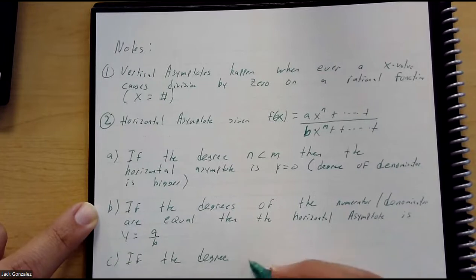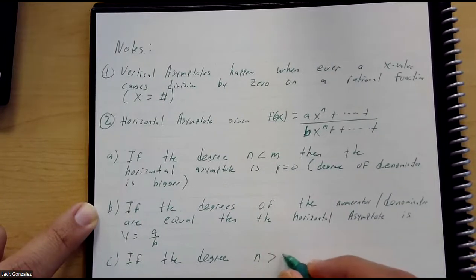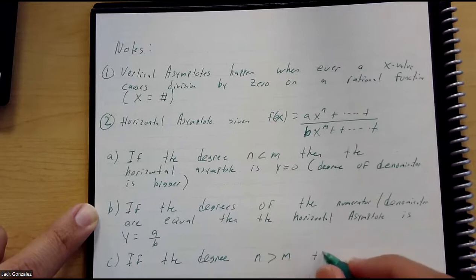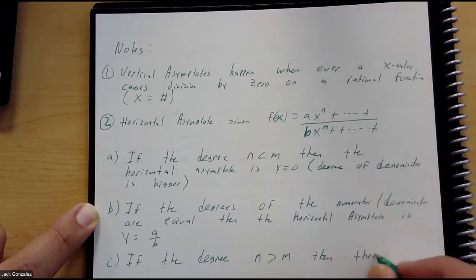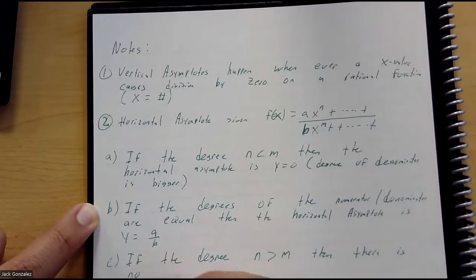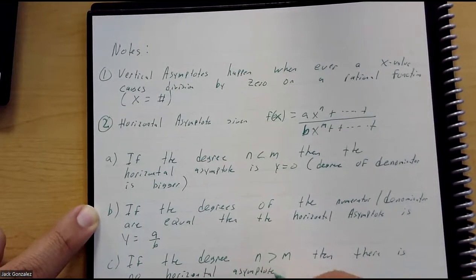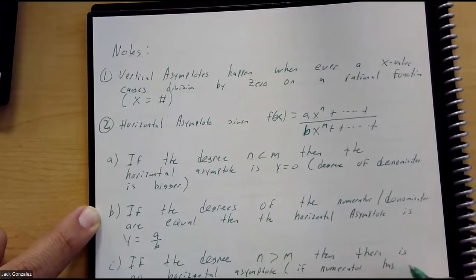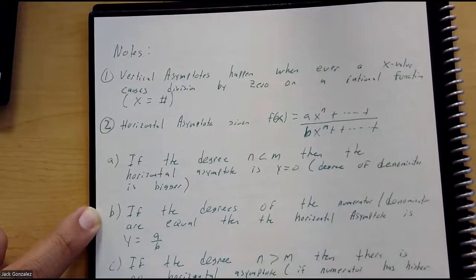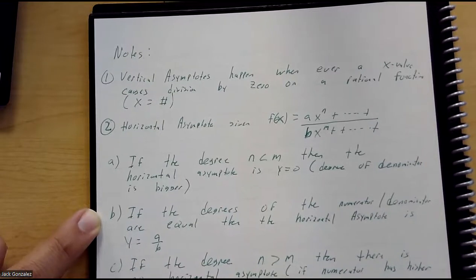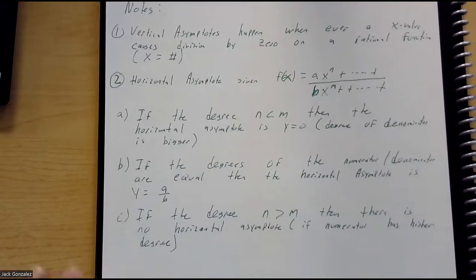C: if the degree of the top is bigger than the bottom, then there is no horizontal asymptote. You would have an oblique asymptote in this case.